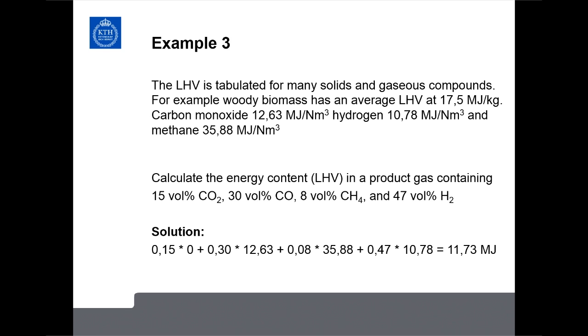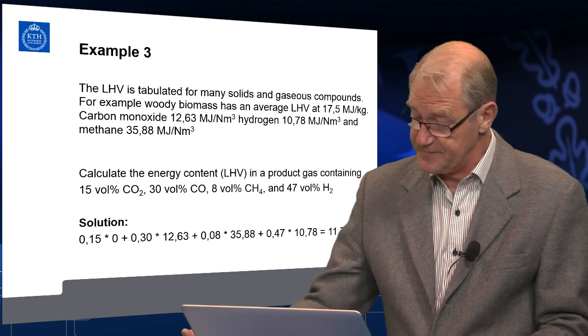The solution is that we have listed already the numbers here, which is the heating value for each gas component, and this is the amount of each in the composition of the gas. We simply take the amount of gas multiplied with the heating value and sum it up, and then you will have 8.73 megajoule in the product gas.